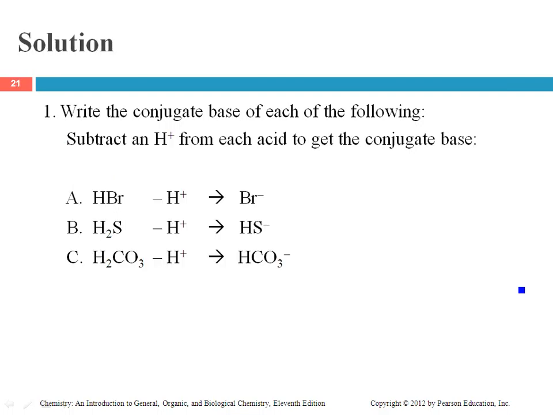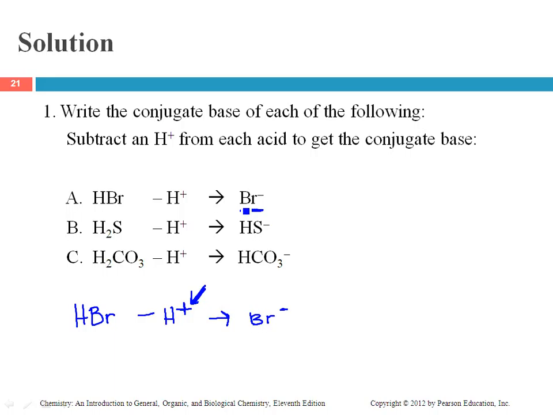Okay, we're told to write the conjugate base of each of the following. So basically, the acid has a proton that's going to be donated, so it's going to lose that hydrogen. And it's going to bear a negative charge because it's losing this positive charge, so it's going to make it negative. Okay. So our hydrobromic acid becomes Br minus, or bromide, minus 1, because it lost a proton.